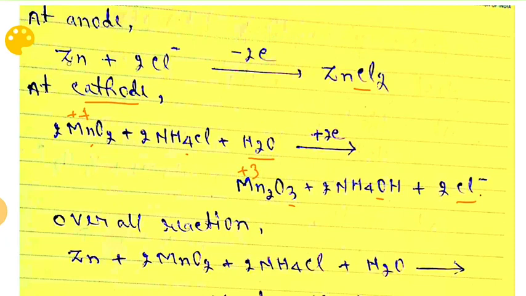Zinc shows oxidation reaction, manganese dioxide shows reduction reaction. Oxidation and reduction both take place, so it is a redox reaction, and in each type of dry cell a redox reaction takes place. If the reaction is non-redox, current does not flow.